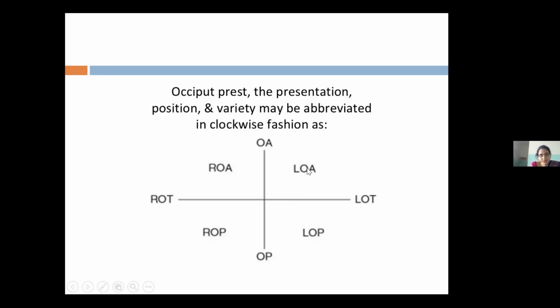Then that is called the left occipito-anterior. When the sagittal suture of the fetal skull is present in the transverse diameter, transversely in the pelvis, then we call it left occipito-transverse. And if it is present in the posterior quadrant on the left side, we call it left occipito-posterior.